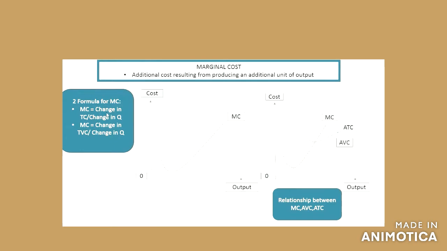First is change in total cost divided by change in output, or we can use marginal cost equals change in total variable cost divided by change in output. So this is the graph for marginal cost. It is a U-shaped curve.